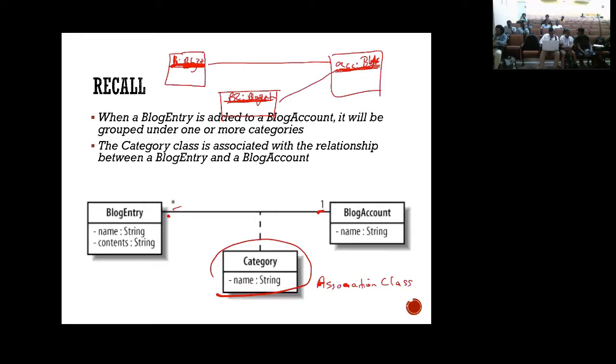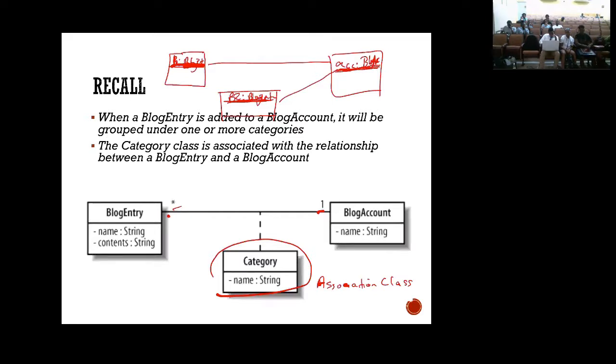Everybody knows that, right? This class, with this dotted line connected to it, represents an association class, and you can do that in StarUML. StarUML has that feature. Not all modeling tools will allow you to do association classes, but StarUML does. An association class is basically a class that exists because of the association relationship.